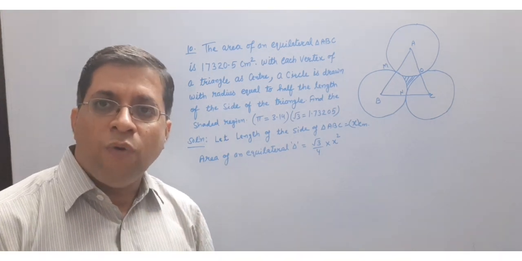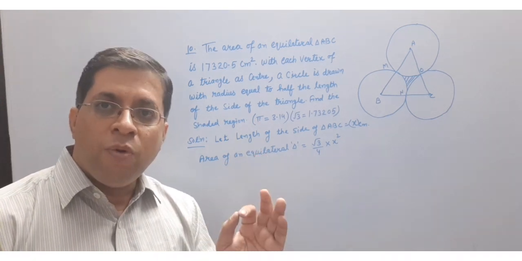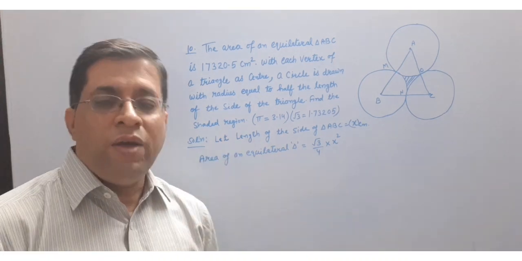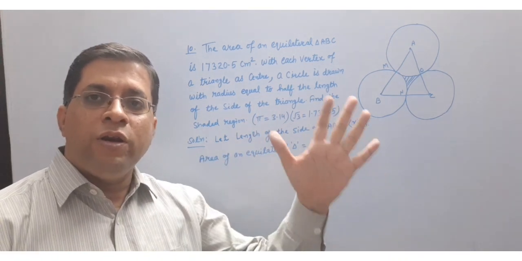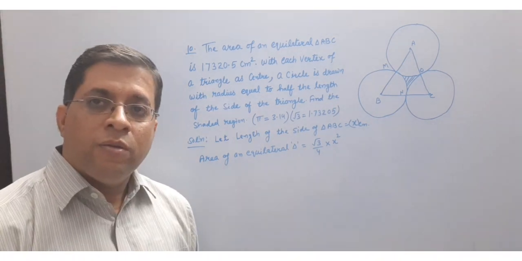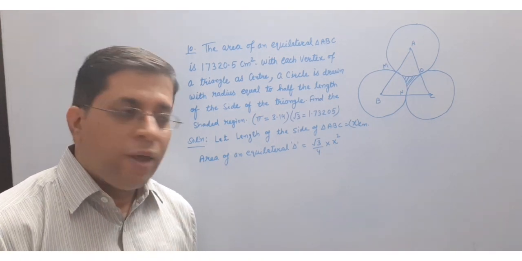We know that, no? Area of equilateral triangle is what? That is under root 3 upon 4 into side square. Very good. Root 3 upon 4 into side square. This is the area of an equilateral triangle. Because each side is x, we can say root 3 upon 4 into x square.